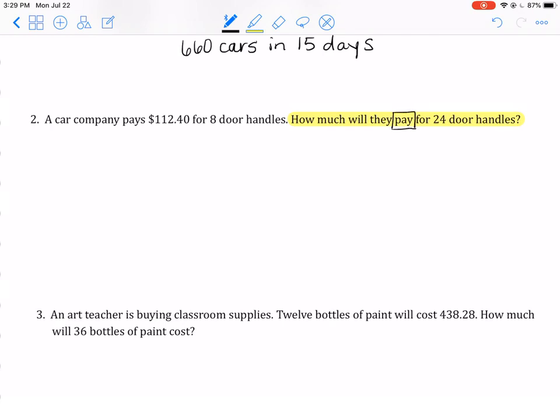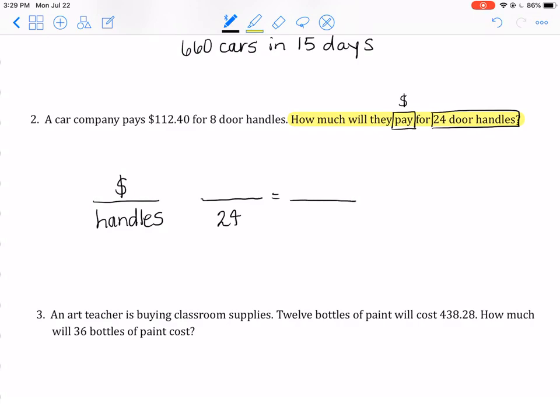There's pay, so that's money, and there's door handles. So that question is telling me the next step, money and handles. And we don't know how much money, but we know they want to buy 24 door handles.